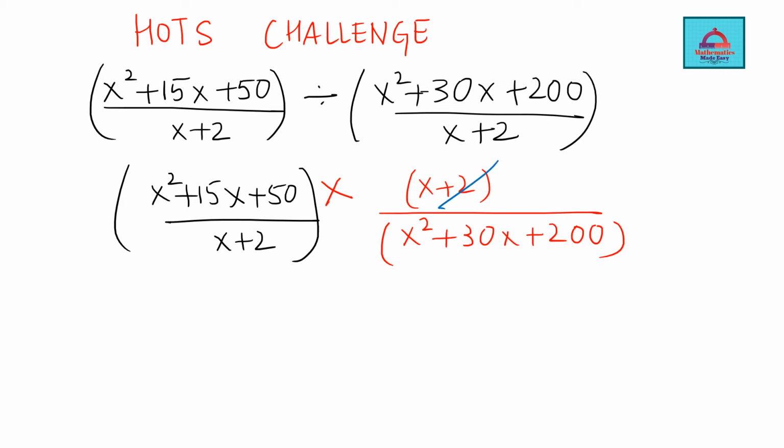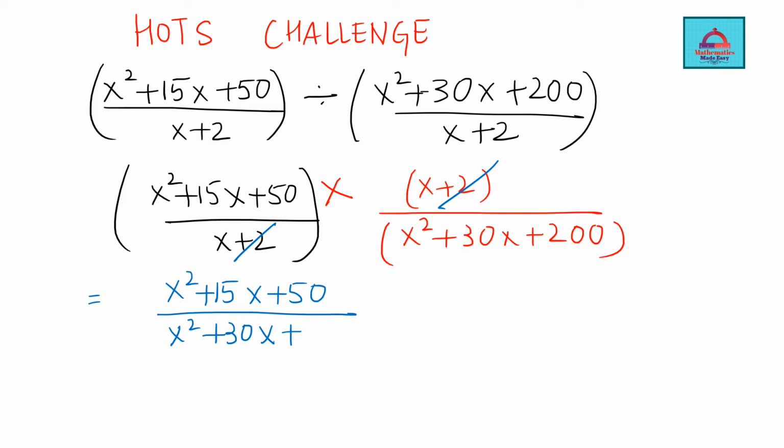So you are now left with x square plus 15x plus 50 divided by x square plus 30x plus 200. I hope this sounds familiar to you, and you know that middle term splitting is the thing that is going to help you for simplification. We have done questions like this in part 1 of the video. In case you want to revise and revisit the concept, please watch part 1 once more.